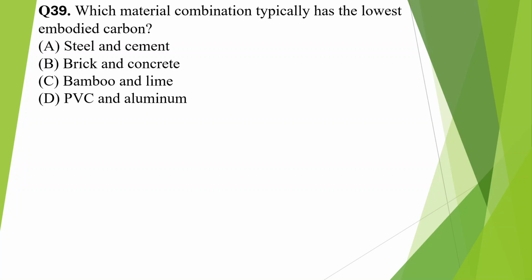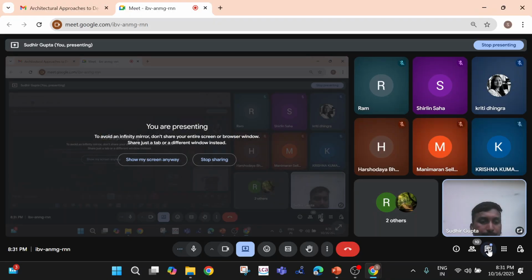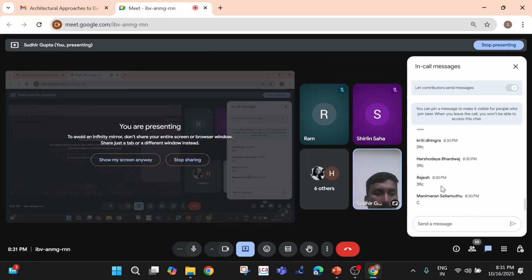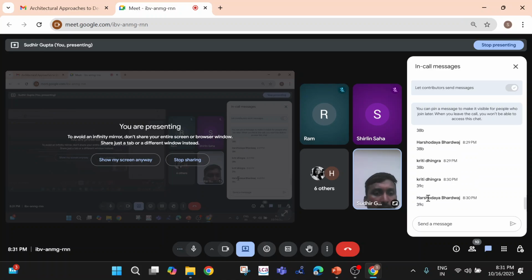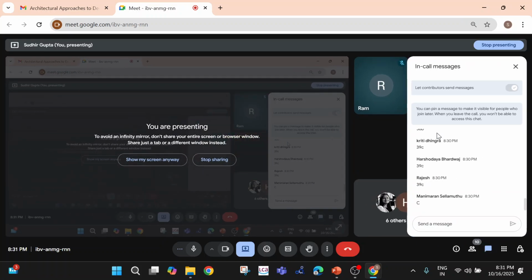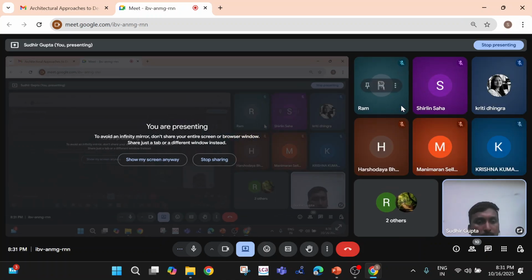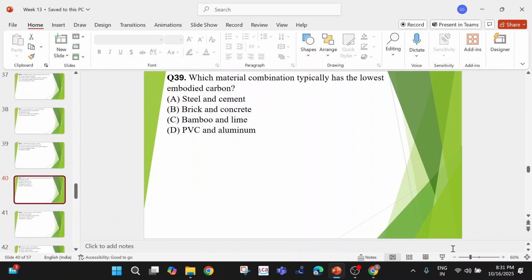A lot of people have marked their answers for this question number 39, and they have marked it as option C. And they are absolutely correct.